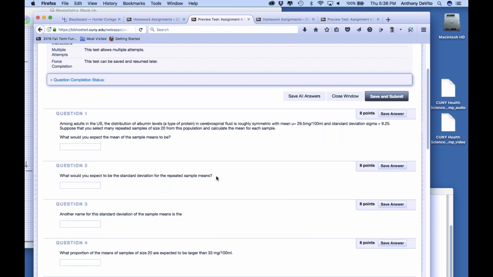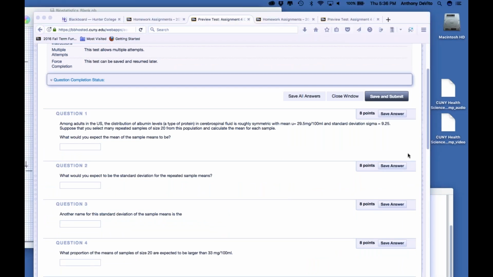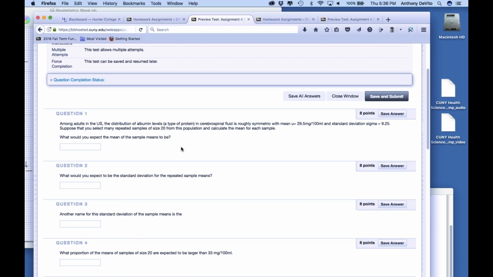Among adults, the distribution of albumin is roughly symmetrical with mu, that's our mean, equals 29.5 and standard deviation 9.25. Suppose you select repeated samples of size 20 from the population. Calculate the mean for each sample. What would you expect the mean of the samples to be?